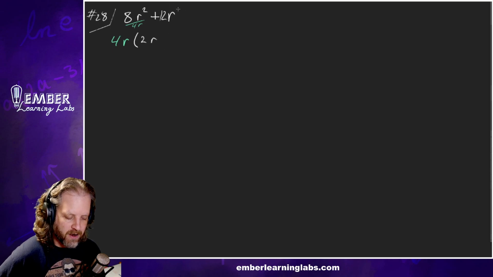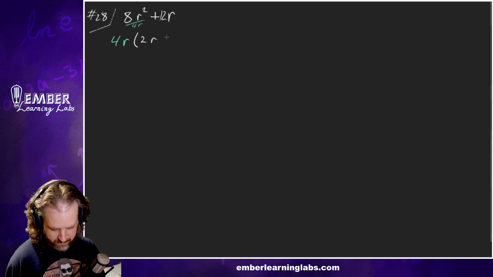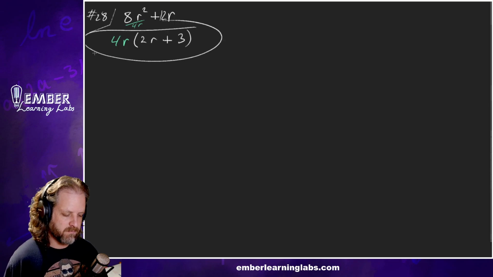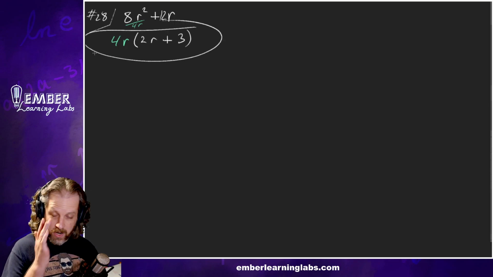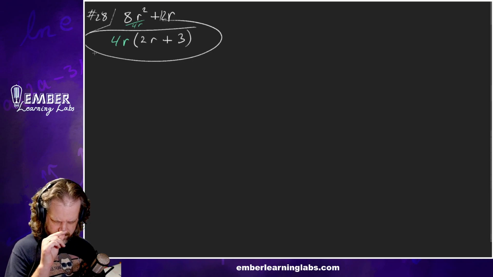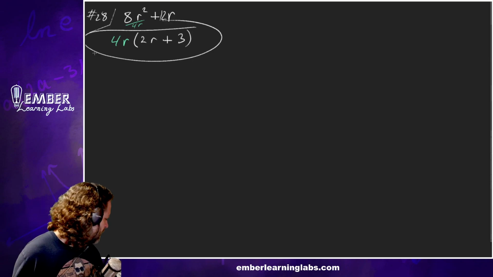When we pull out a 4R out of 12R, what's left? Just a 3. What else? $36.